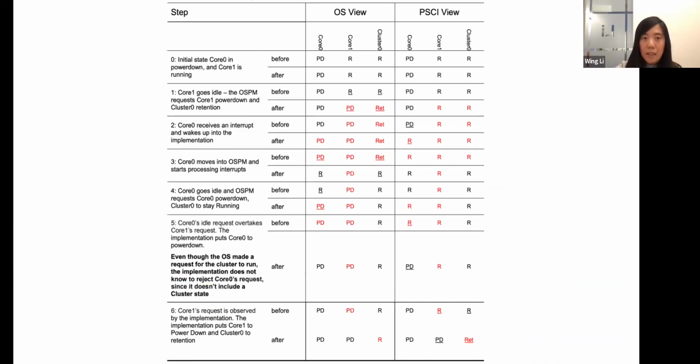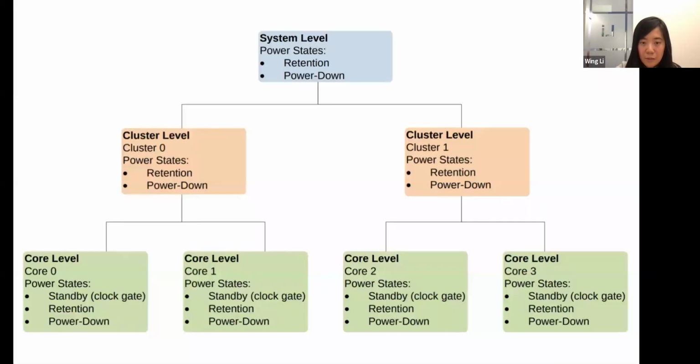So in this example, initially core 0 is in power down. This is the same topology as the one we saw earlier, where we're essentially looking at cluster 0, core 0, and core 1.